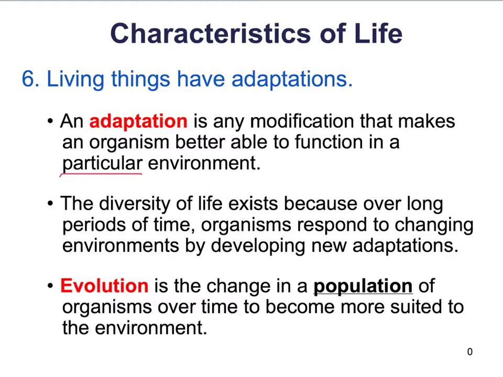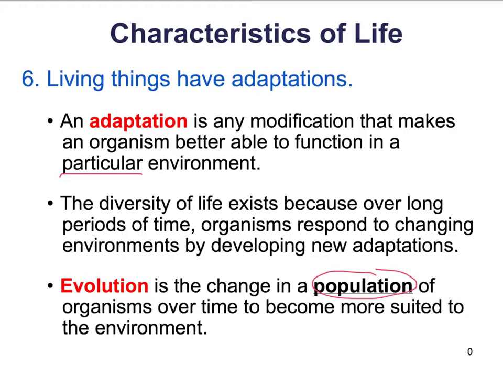Now, the diversity of life that we see is because over long periods of time organisms have responded to those changing environments and developed new adaptations. And when we look at this development of new adaptations, we're talking about evolution. Evolution is the change in a population of organisms over time so that population can become more suited to the environment.